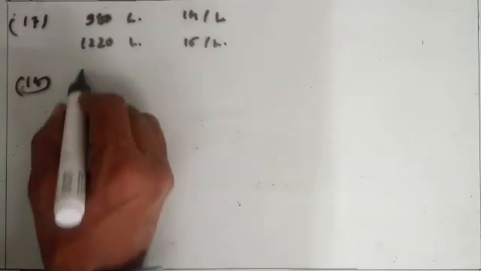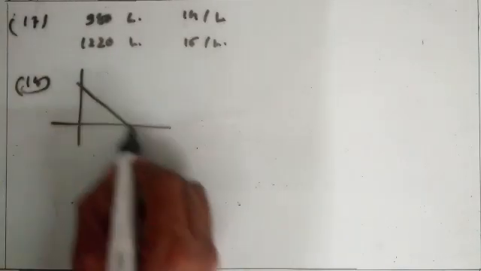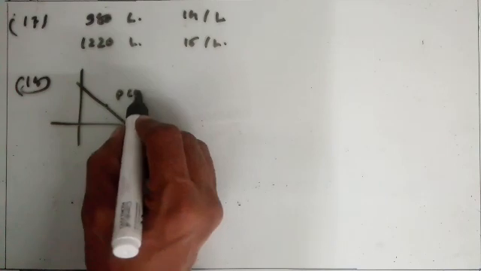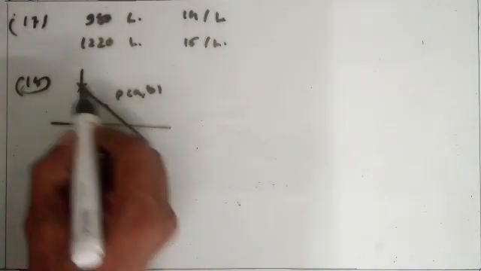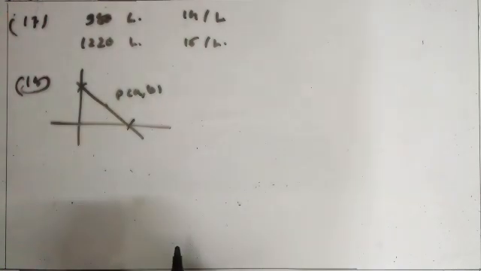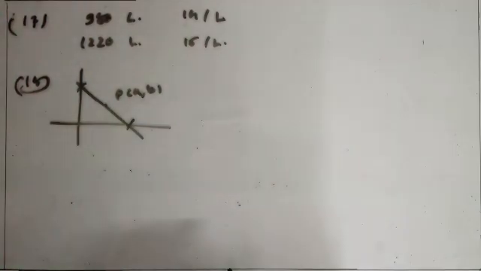Now next question number 18. P(a, b) is the midpoint of a line segment between axes. So the equation of line is x upon a plus y upon b is equal to 2.